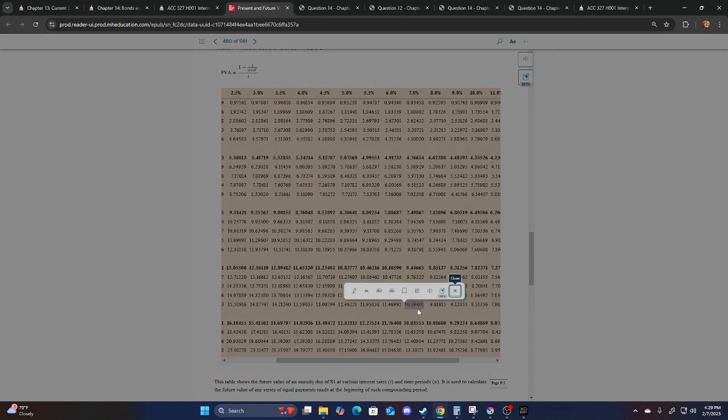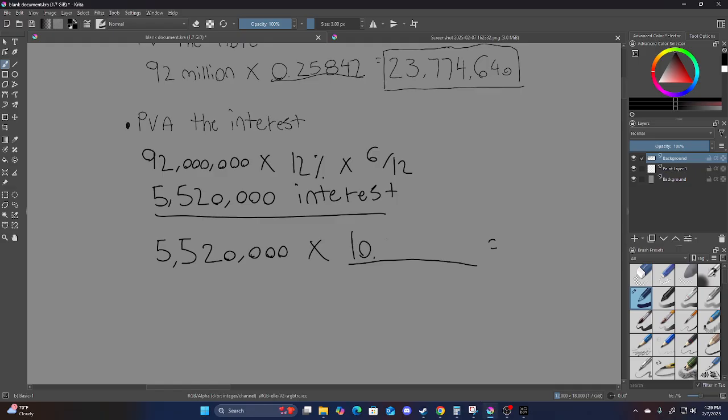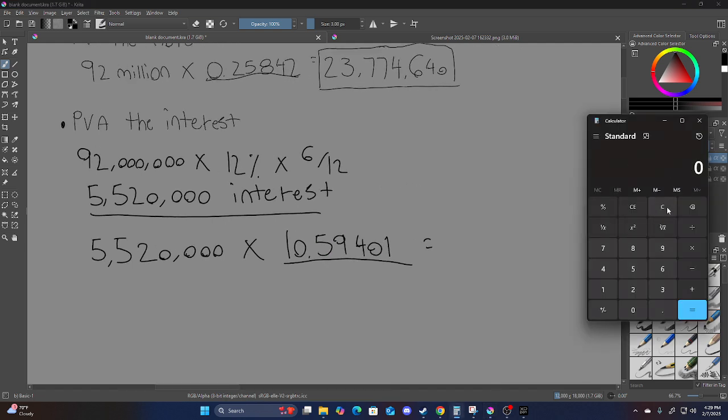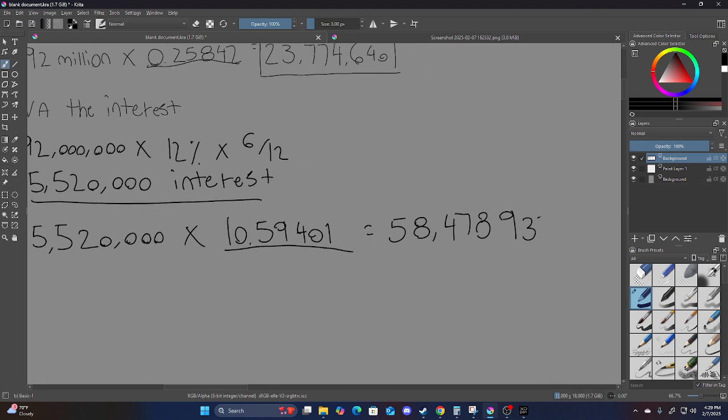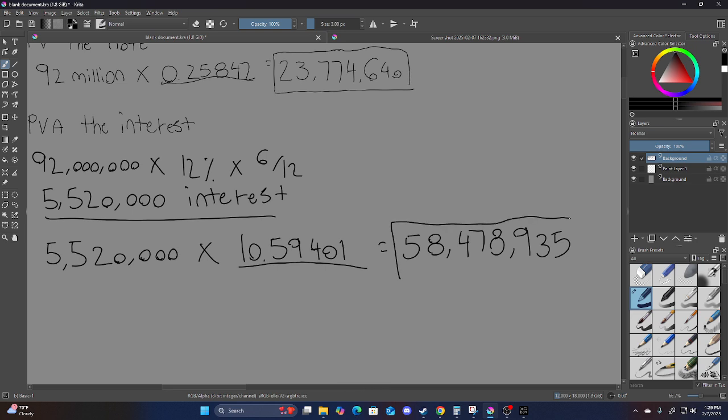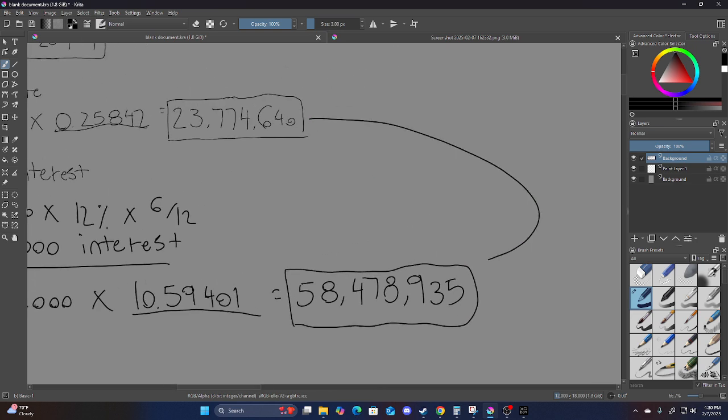So it'd be 10.59401, and we get 58,478,935. That would be your other number, and if we remember correctly, we just add these two numbers together.